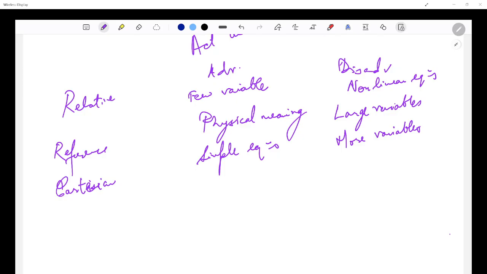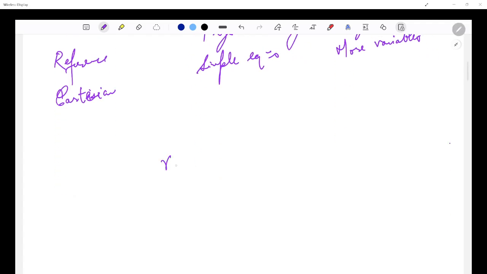Okay. Now, about constraints. We have already seen loop closure constraints, right? If you remember. So they are non-linear constraints. Okay. But for natural coordinate constraints, for example, if there is some distance constraint, Rij into Rij is equal to some Lij square.